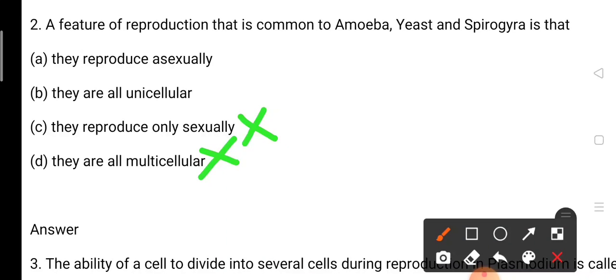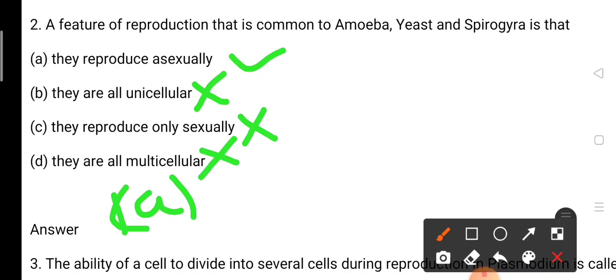Spirogyra is not unicellular, so option B is also incorrect. And option A is correct because all are performing the asexual mode of reproduction. It means our answer will be option A. Amoeba, yeast and spirogyra reproduce asexually.